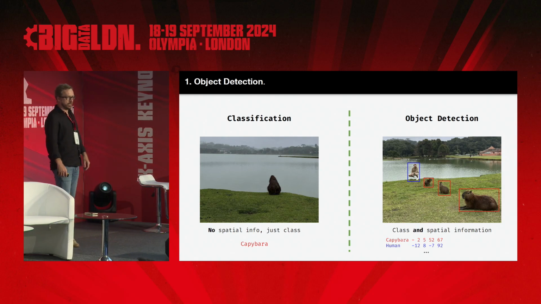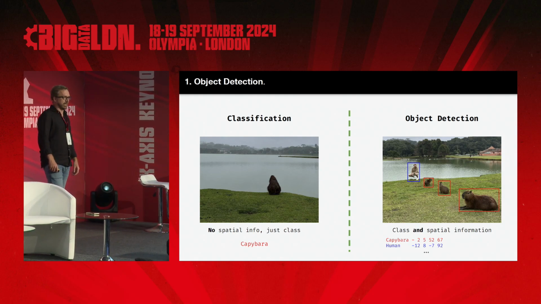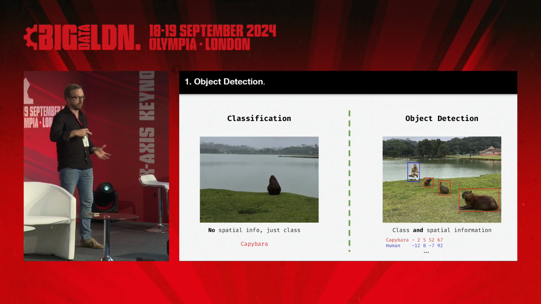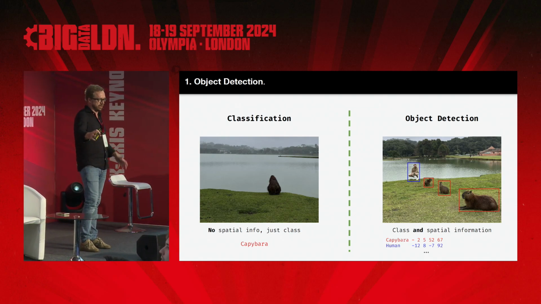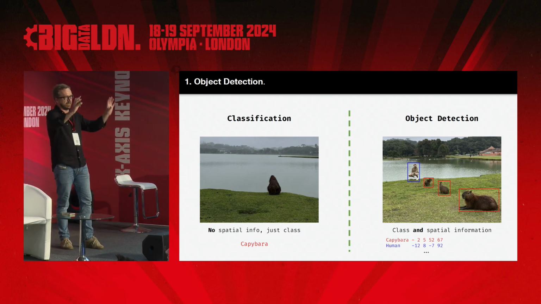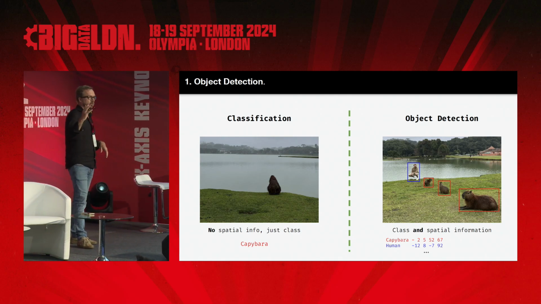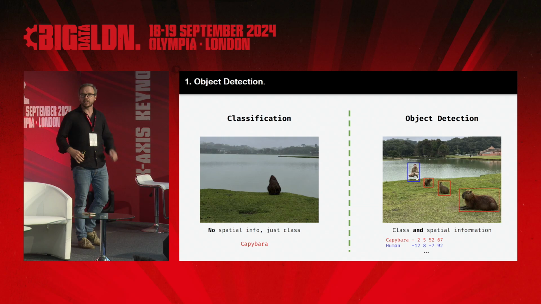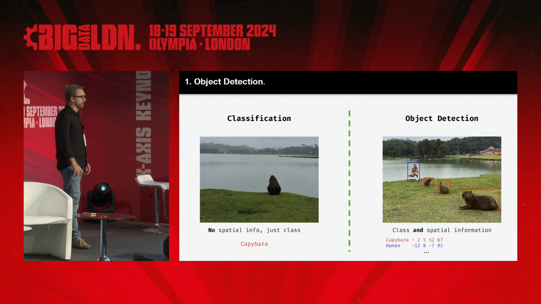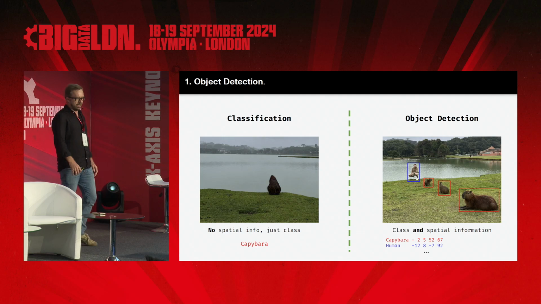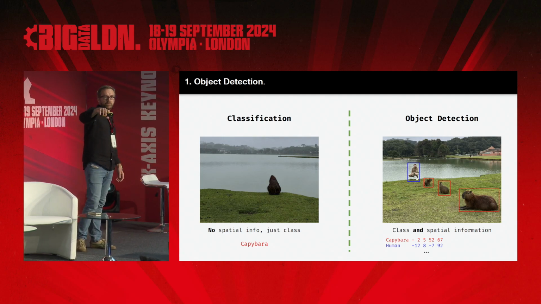Okay. First of all, I assume all of you know what is classification, what is object detection, but the idea is pretty straightforward. So classification, we have some image, we want to detect what is there. Capybara that you can see here, or I don't know, cat, dog, human, whatever. It's like first example.